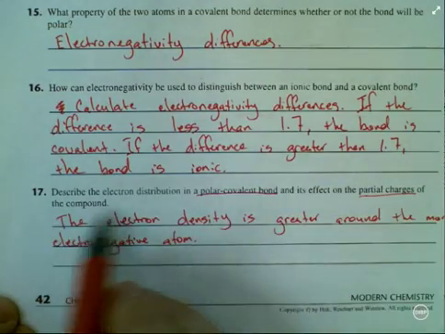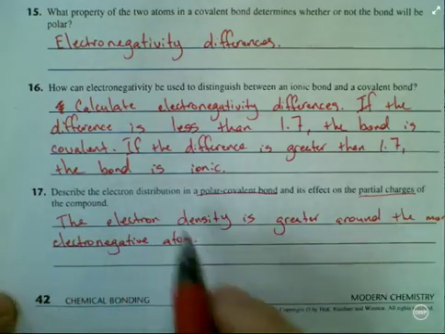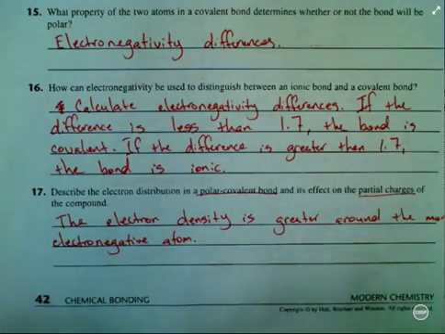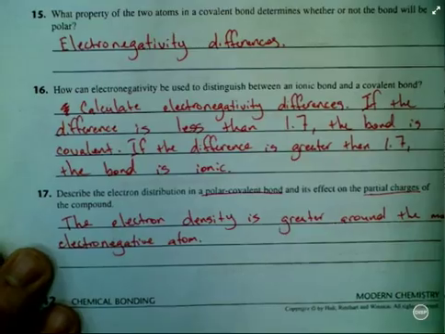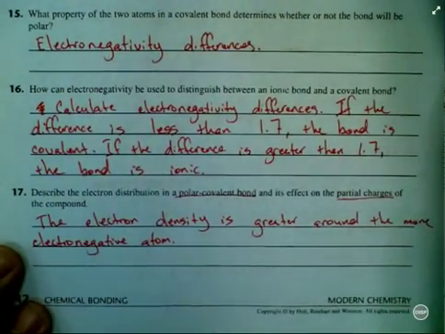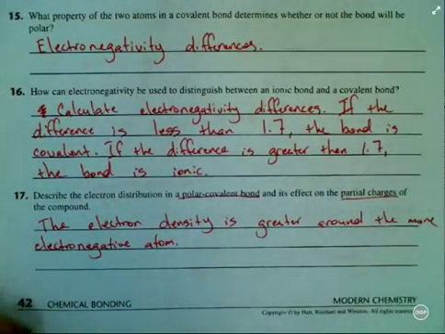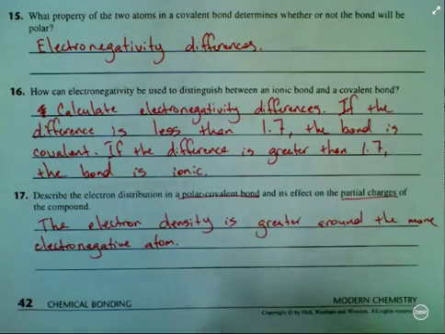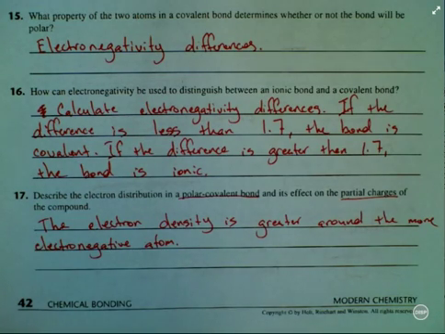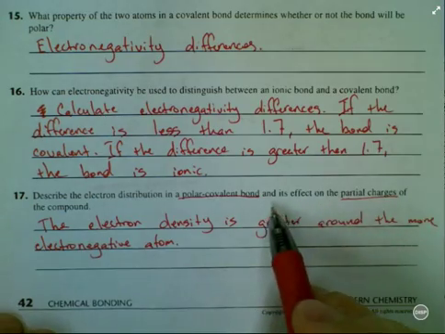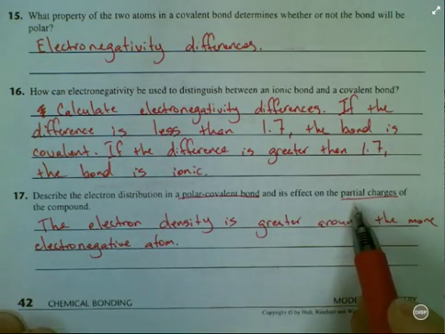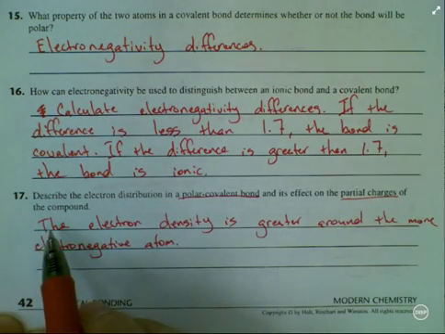All right, so we're doing the first part of this question. Describe the electron distribution. It's more dense. There's more electrons. There's more chance that the electron is going to be closer to the more electronegative atom than the less electronegative atom. So that's the electron distribution. They're going to be closer to one atom or the other, and which atom it is completely depends on which one is more electronegative. The second part is and its effect on the partial charges of the compound.